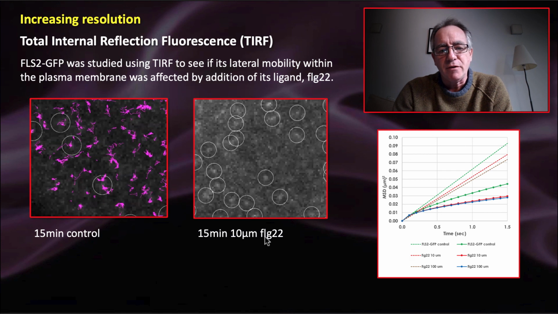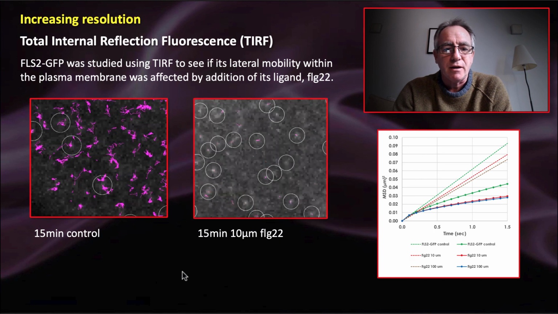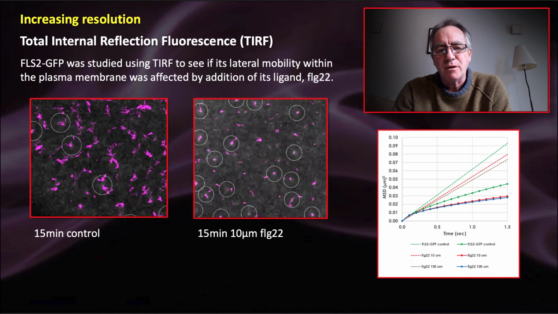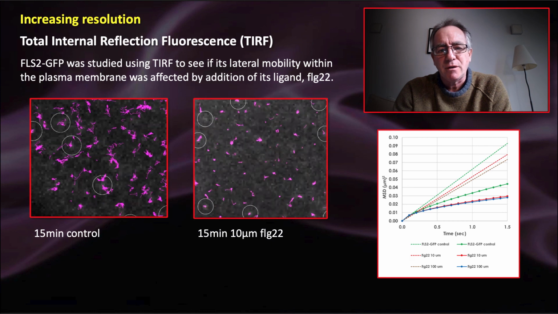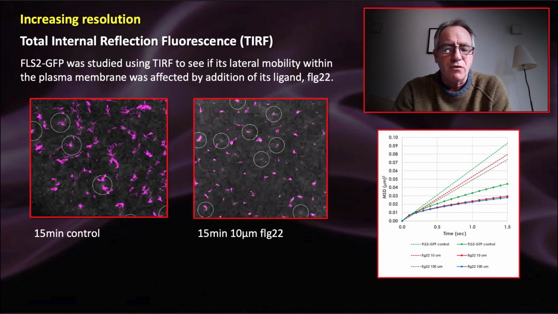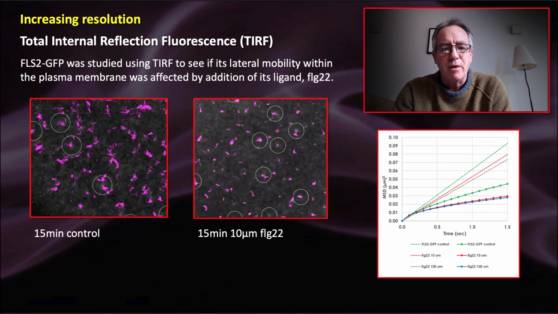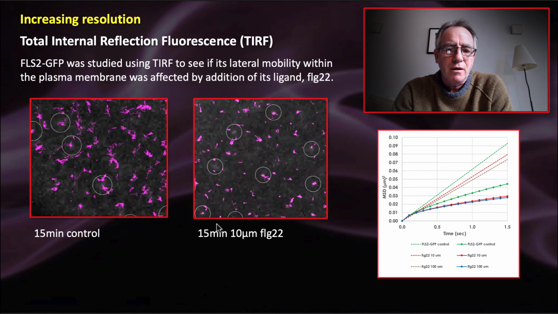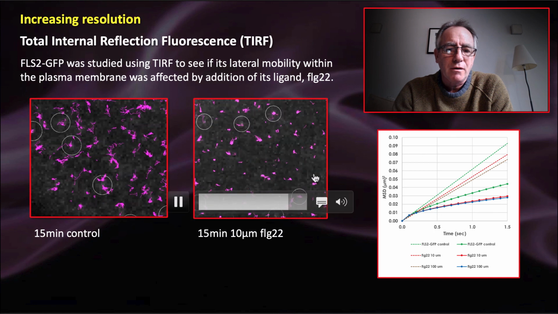Then we added flagellin 22, and we added it at a couple of different levels. This simulates pathogen attack. And you see circles appearing. And you see little tracks for the molecules as they move around in the membrane.